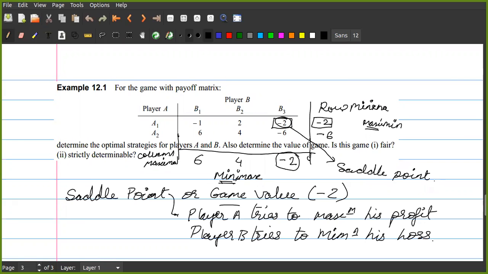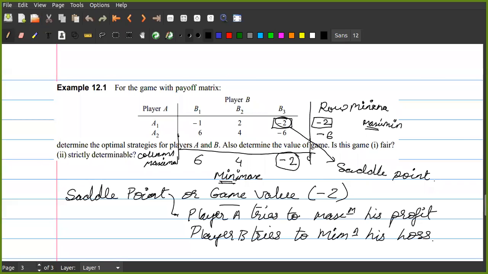Similarly, for player B, we are calculating the column maxima because column maxima indicates the maximum loss that player B can have if player A is playing with a certain strategy. For each strategy, we calculate the maximum loss that can occur to player B, and then we calculate the minimax and maximin for these rows and columns that we have calculated.